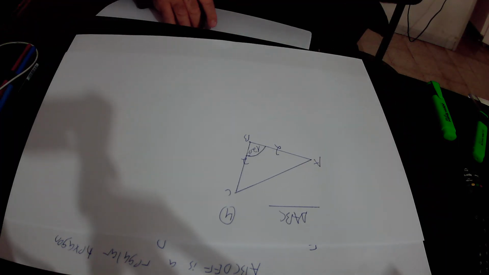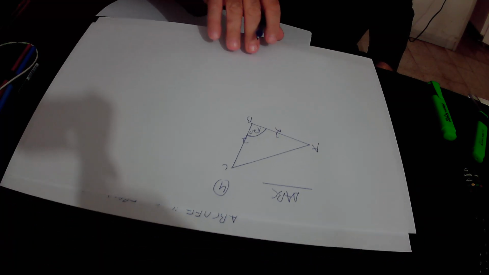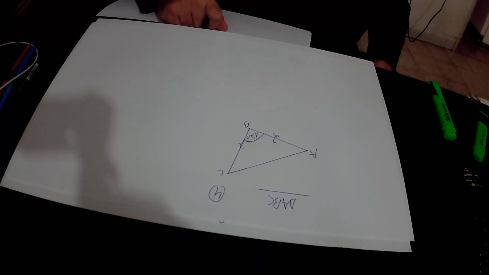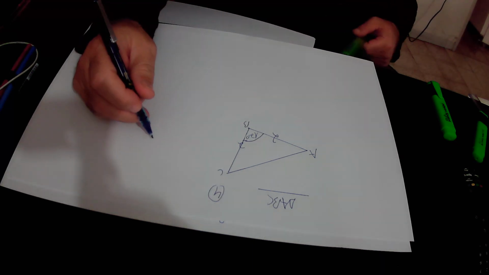So this is triangle ABC that I copied from the original drawing. So we will implement here the law of cosines. I remind you what the law of cosines is.